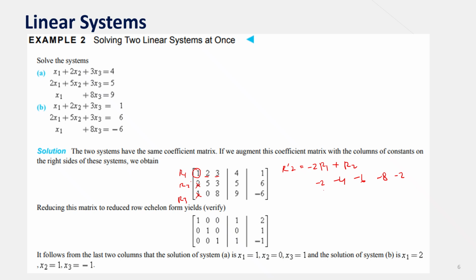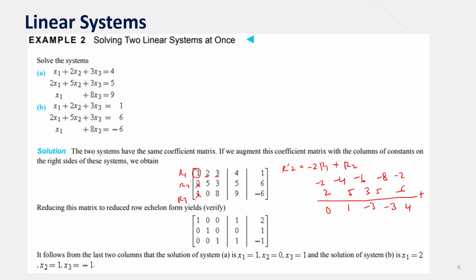Then you plus 2, 5, 3, 5, 6. Then you get 0, 1, minus 3, minus 3, 4. Okay, then you have this second row.